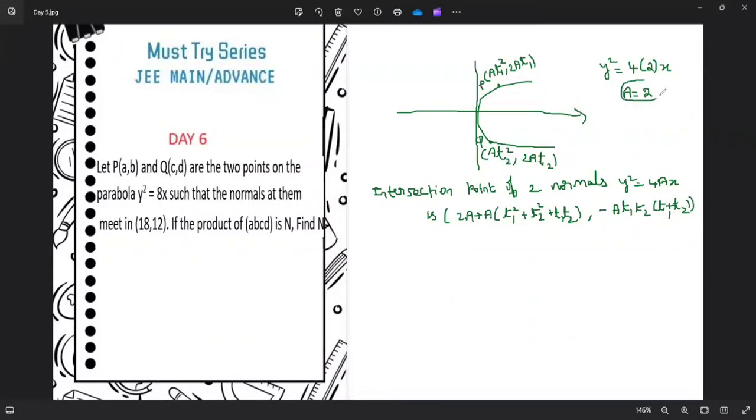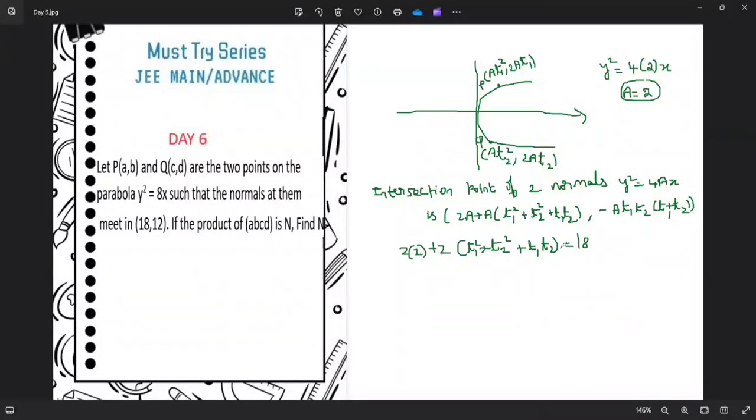I also know my value of a. A value is 2. So I'm going to substitute this. So 2 times a, that is 2 times 2, plus 2 times (t1 square plus t2 square plus t1 t2). So this information is given to us as 18.